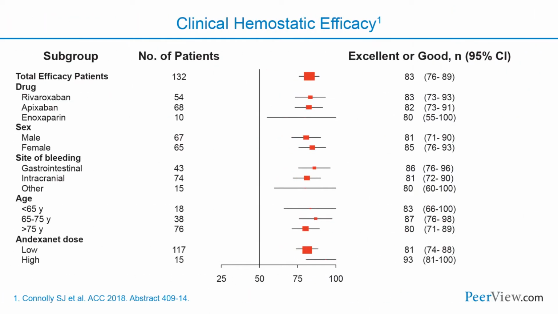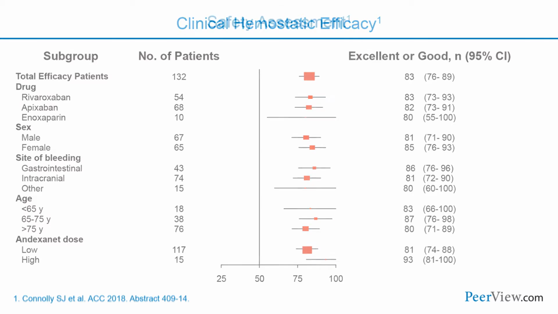Remembering that hemostasis is not just dependent on reversal with Andexanet, it's also dependent on other treatment. Here's some subsets. This is an interim analysis, so don't read too much into this except for the obvious thing, which is all the data are on the right side of the line of unity. So no matter which issues the patient has, there's a favorable effect for Andexanet towards good or excellent hemostasis. So very compelling story here.